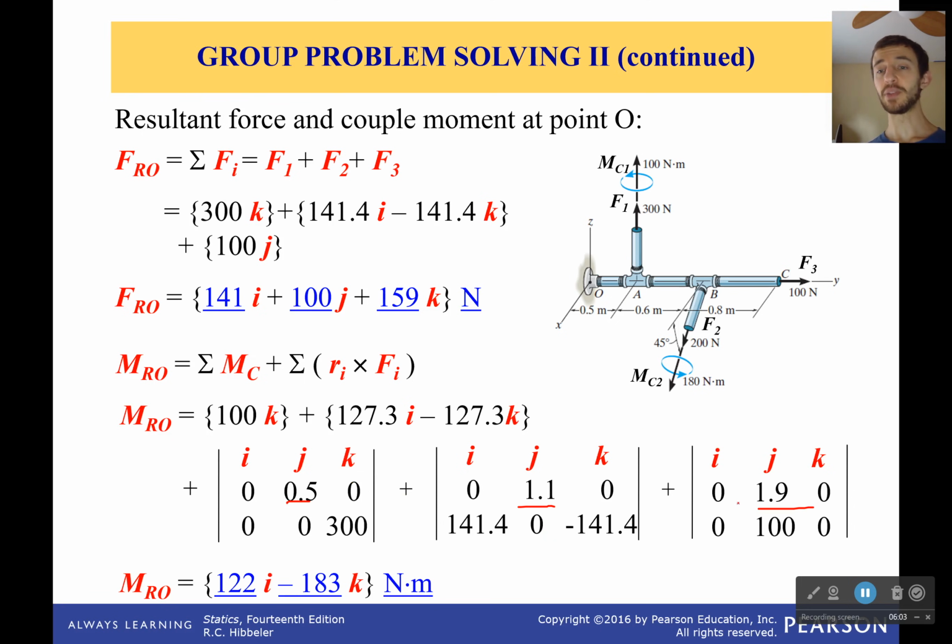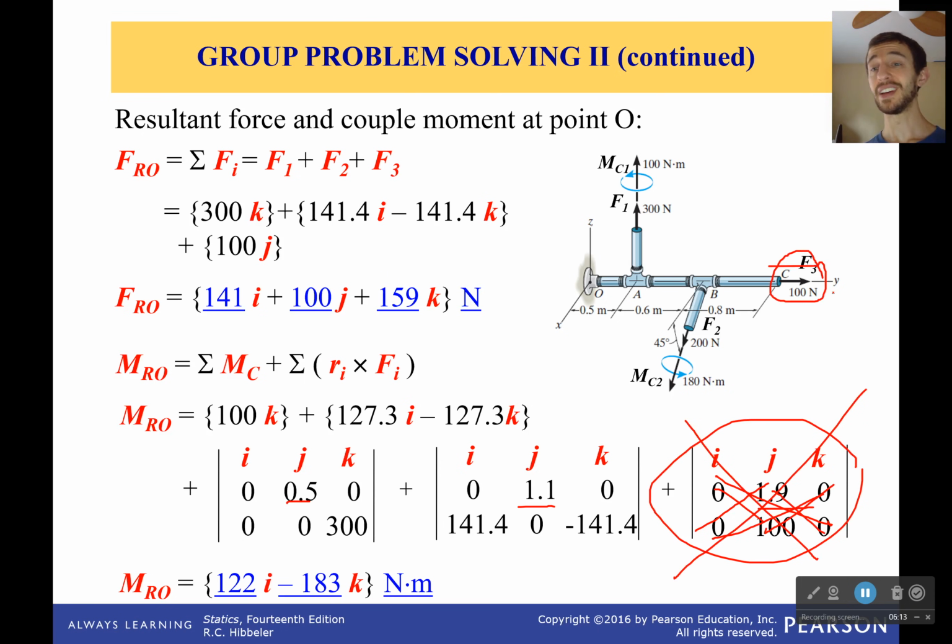The interesting thing we see is right here, if I cross any of these, that's 0, and that's 0. This one has no moment, and that's force 3 right there. Just once again telling us that if the line of action of your force goes through the point you're moving it to, which in this case is the point O, our origin, then there's no moment caused by moving it. You can just slide along there. They're called sliding vectors.